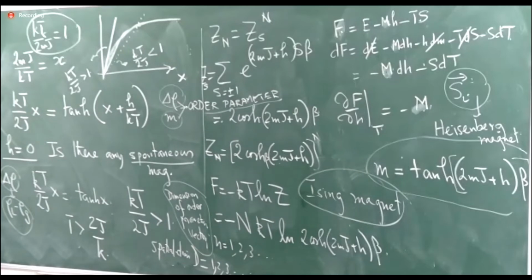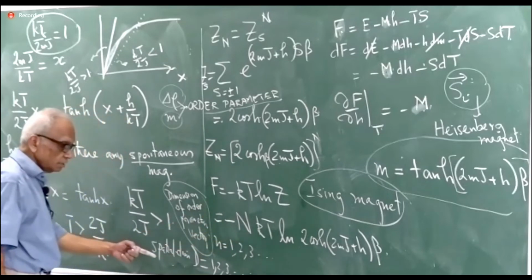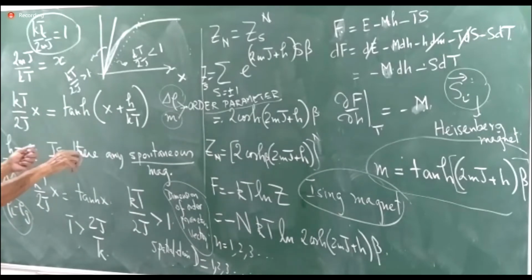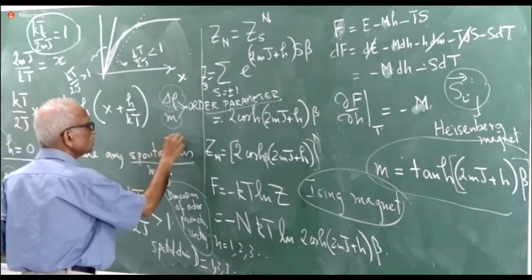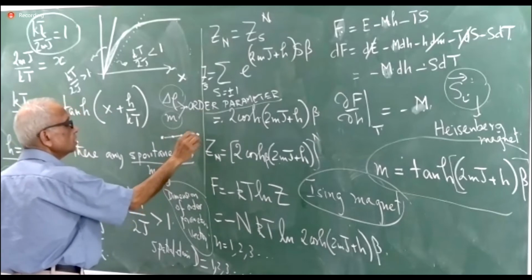There is the dimension of the order parameter, which can be 1, 2, 3, and there is the space. So it could be a Heisenberg magnet sitting on a one-dimensional lattice. So I can have a one-dimensional chain, with a point over here, point over here, point over here.